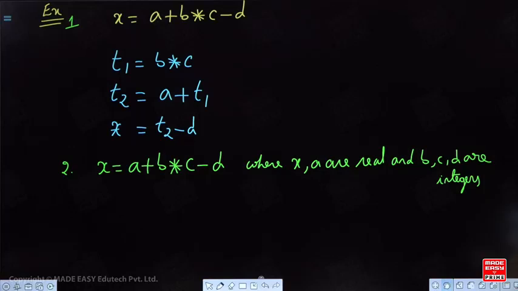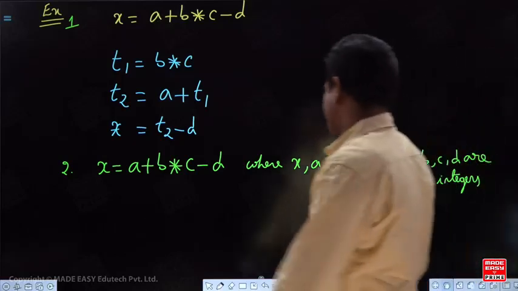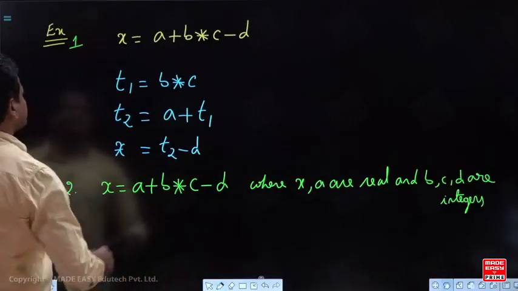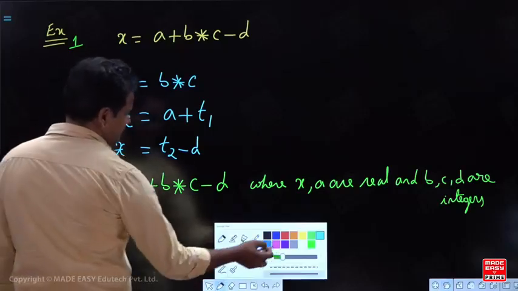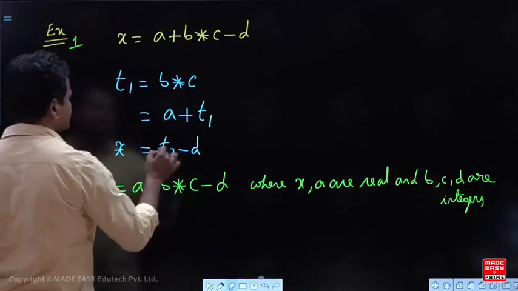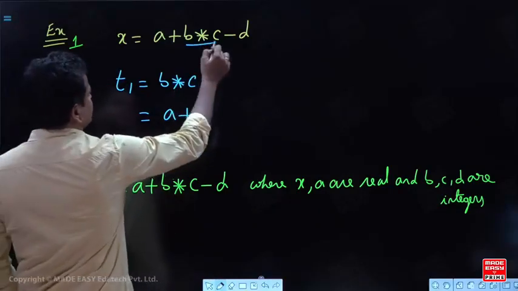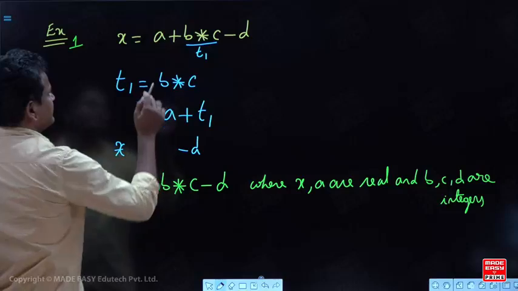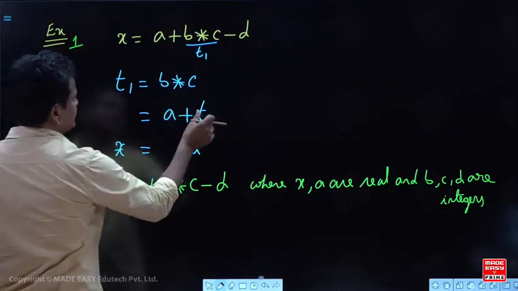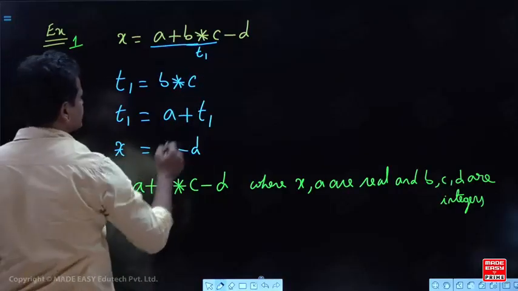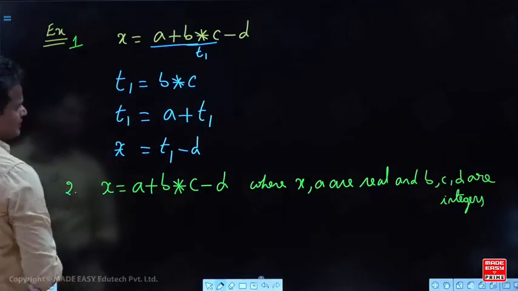No error, you can use the same T1 again, but the value should not change. Of course you can use it. The question can be like this: they can ask you the minimum number of temporary variables that can be used in the 3 address code for the following statement. So first T1 is B star C. We add A and T1, and place the result in T1. Then this whole is in T1, and finally we want T1 minus D. This is also correct.